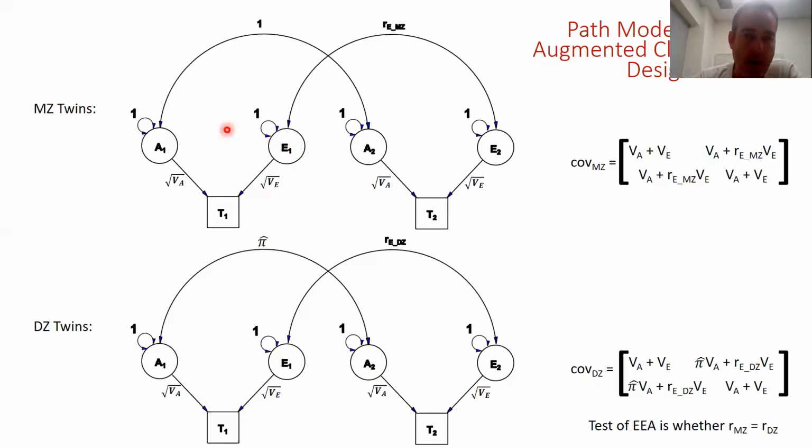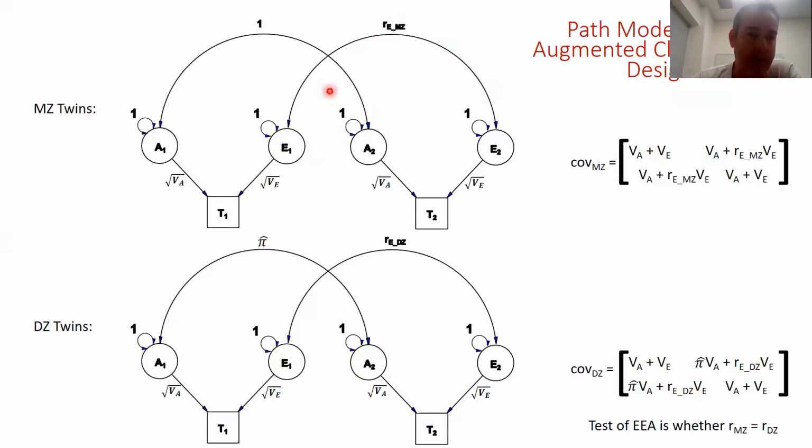And so we quantify the degree of environmental similarity in the twin pairs by this correlation between the environmental factors in the twin pairs. So you could imagine that if REMZ here was equal to 0, this would basically be equivalent to an AE model.